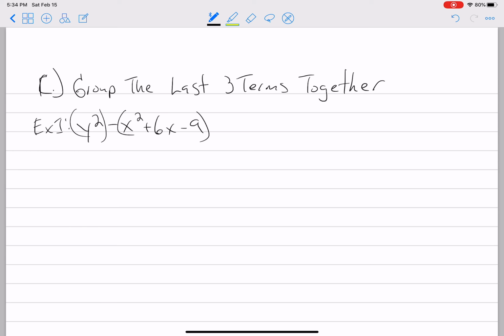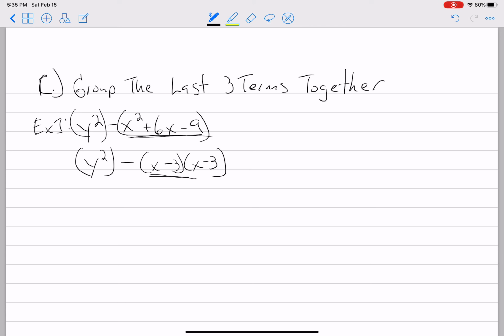Why don't you go ahead and factor this one for me? Hopefully, you just did that, and this factors out to x minus 3 times x minus 3. And that's still a subtraction sign. This is still y squared.